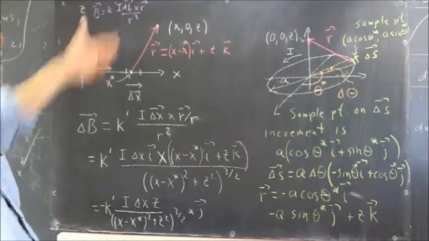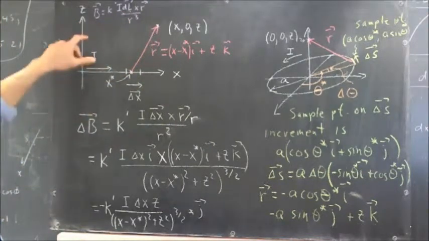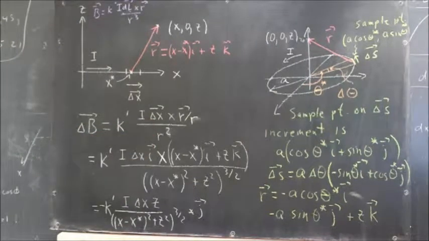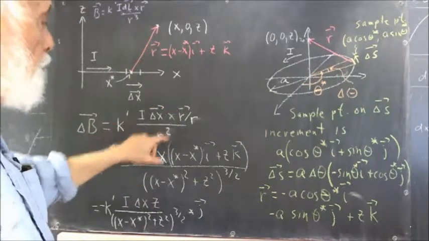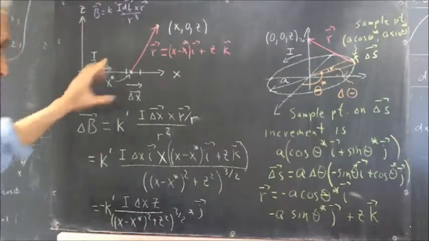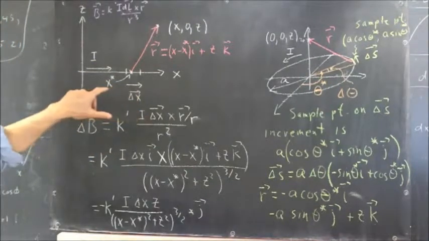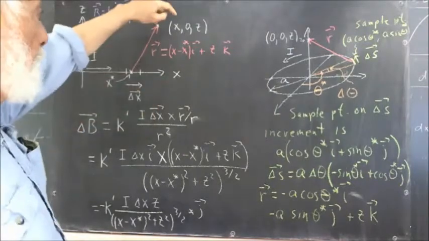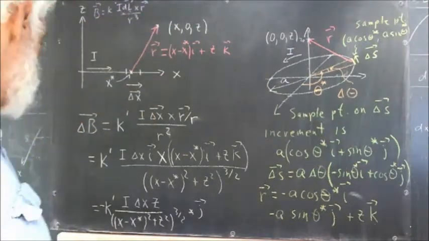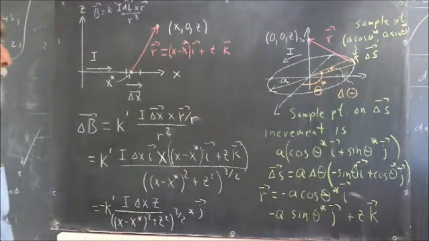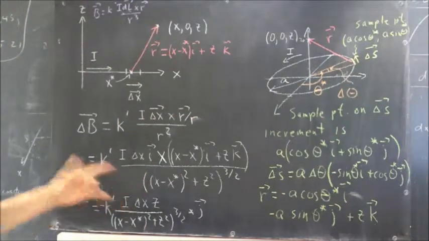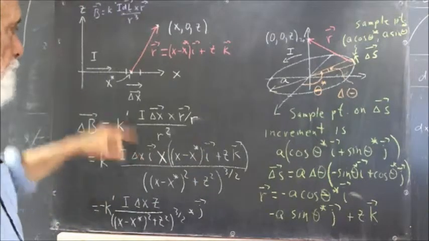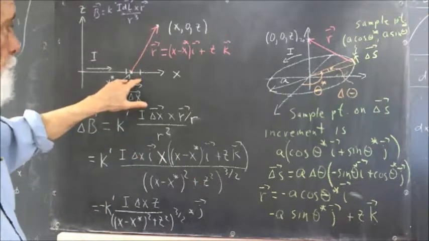The key to calculating this: we have a symbol for I, we have a symbol for delta x. All we need is to write R in terms of the given sample point, the sample point x star, and the point x0z. So once we have R, we can find its magnitude and we can substitute and get our expression for the magnetic field due to the current running through this increment.